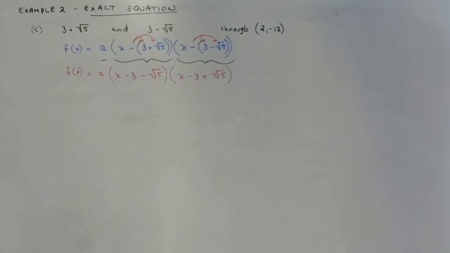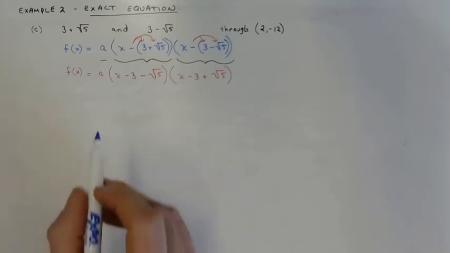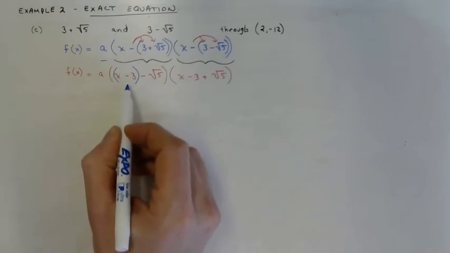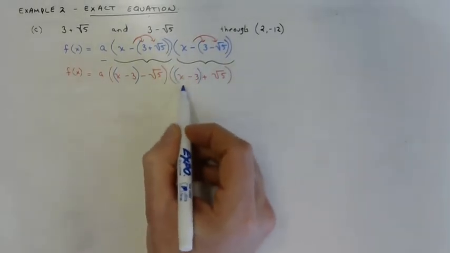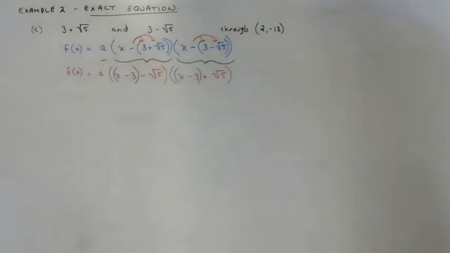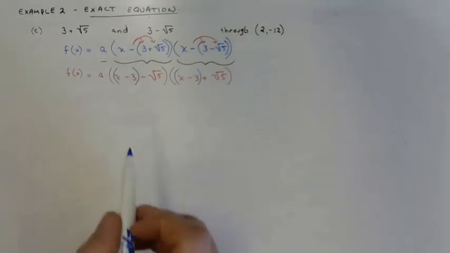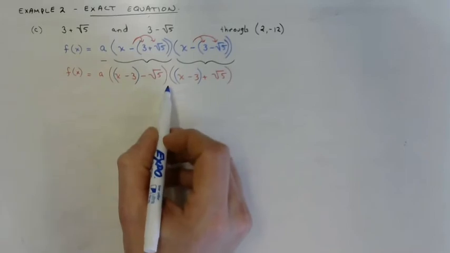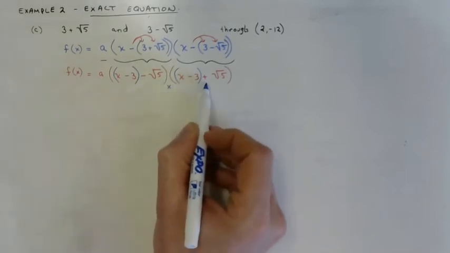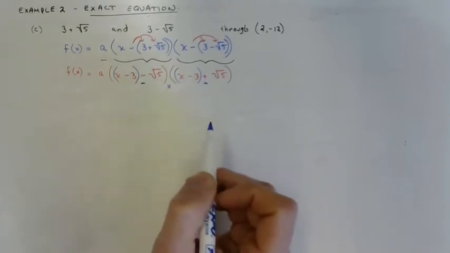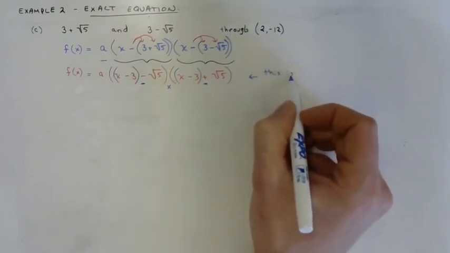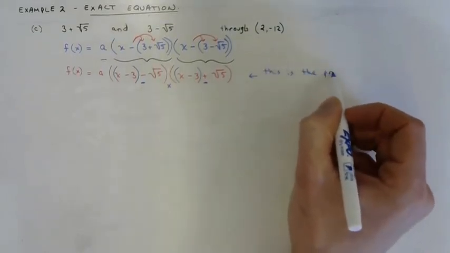Now I actually see something that wasn't there before. Look at what I created. x minus 3 here, and x minus 3 here. This is the product of a sum and a difference. Do you remember that?